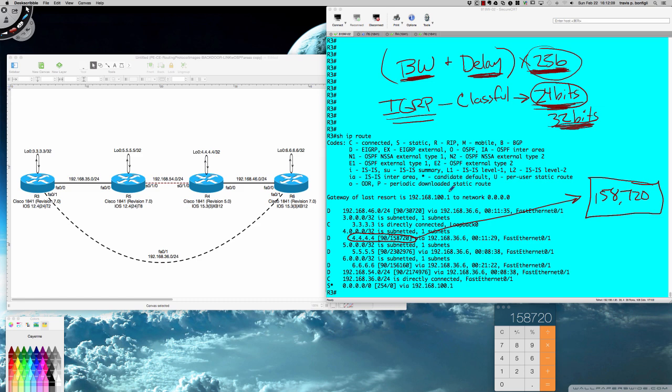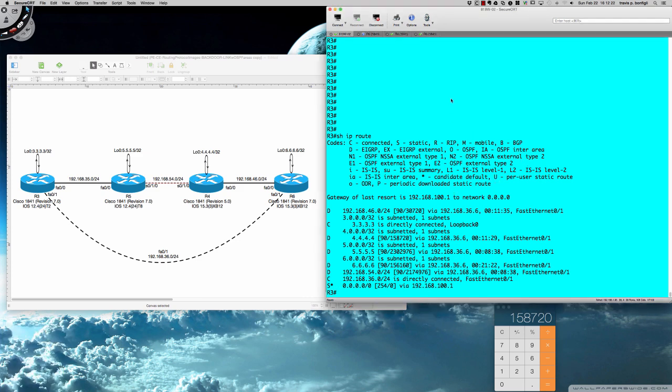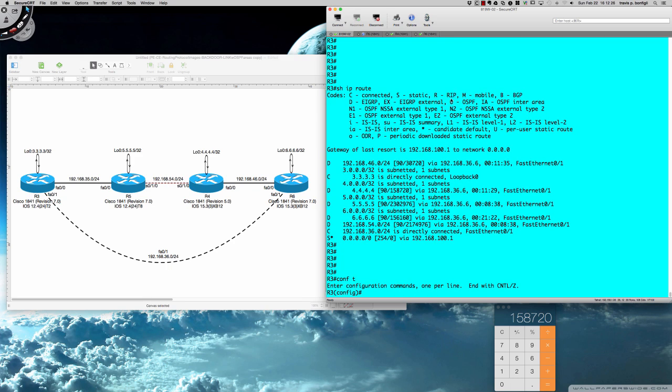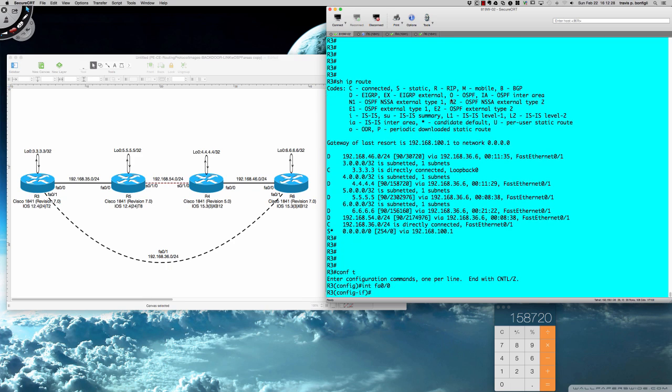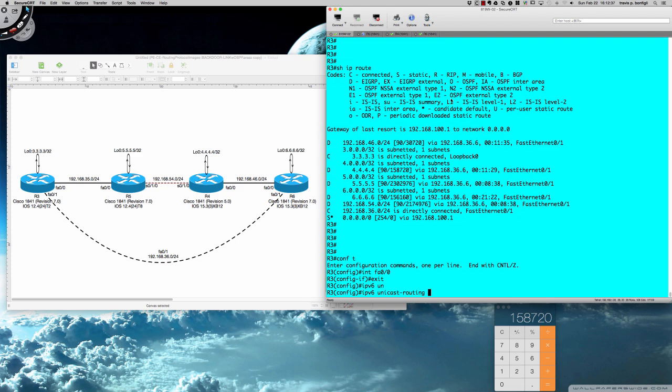All right, so while we're here, we might as well take a look at EIGRP IPv6, or EIGRP for IPv6. Let's do each of the little configuration pieces. We'll go to global config first, where I'm going to say IPv6 unicast routing, right?